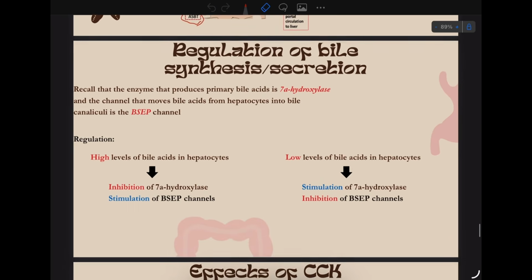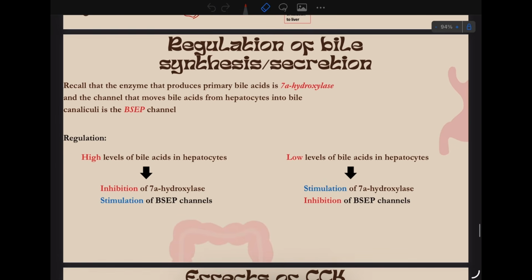Now, regulation of bile synthesis and secretion. It makes a lot of sense what happens. Subhanallah, we have this mechanism where we regulate everything, you know that. So, if we have high levels of bile acids in the hepatocytes, do you remember how we made bile acids in the first place?